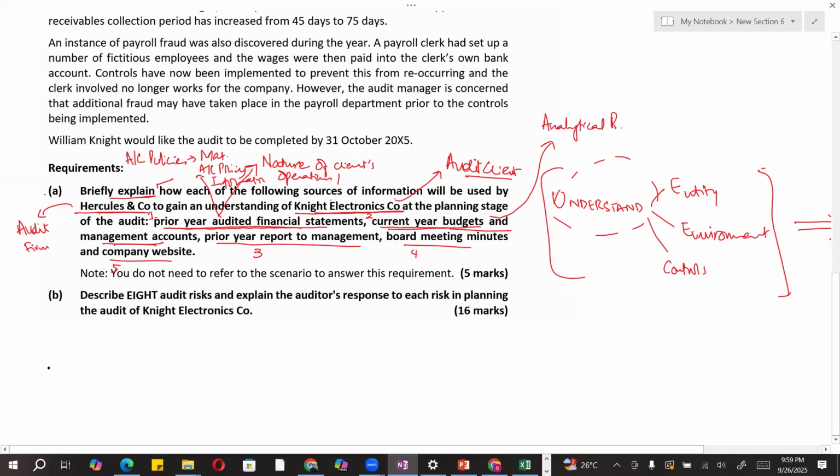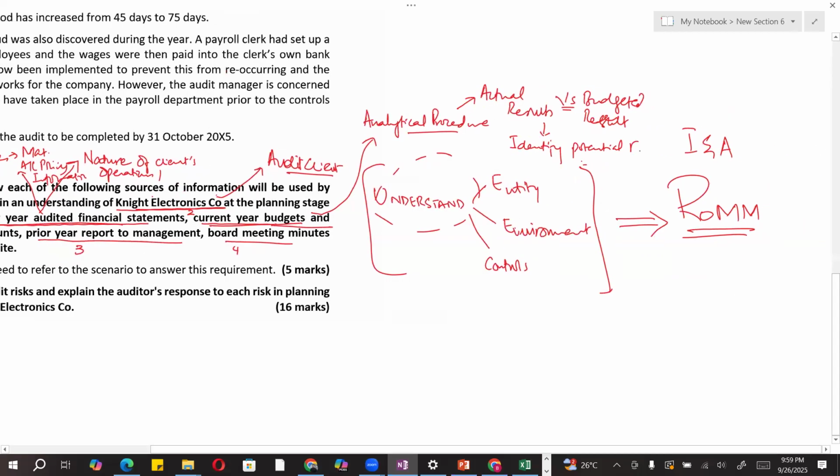You could compare the actual results, for example, the actual revenue or the actual expenses with the budgeted revenues and with the budgeted expenses, and then you could identify potential red flags.